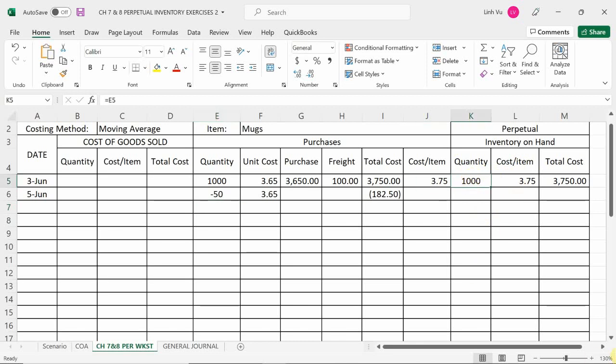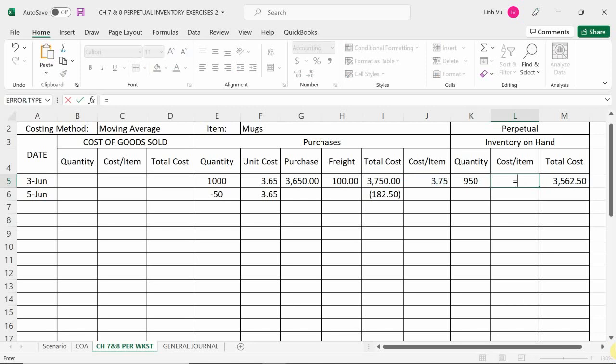So 1,000 minus 50 is going to give you 950. Now we have a new cost per item because we returned some money, so we need to resolve for our average cost per item.